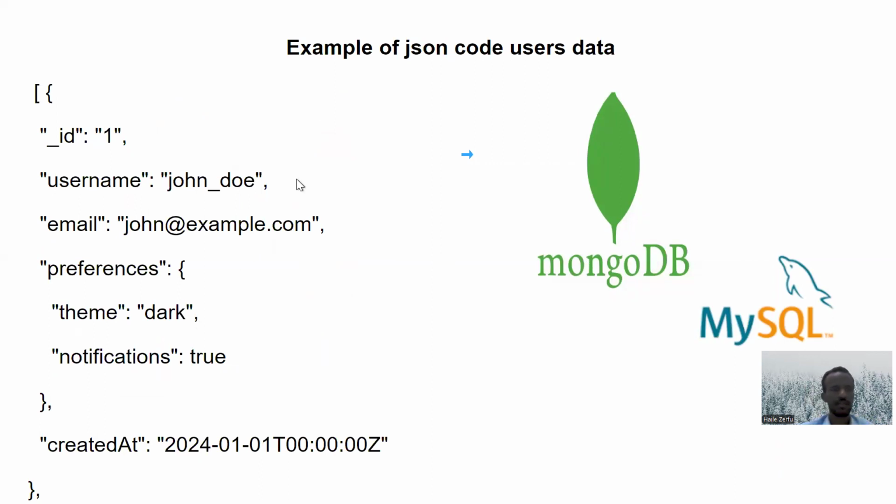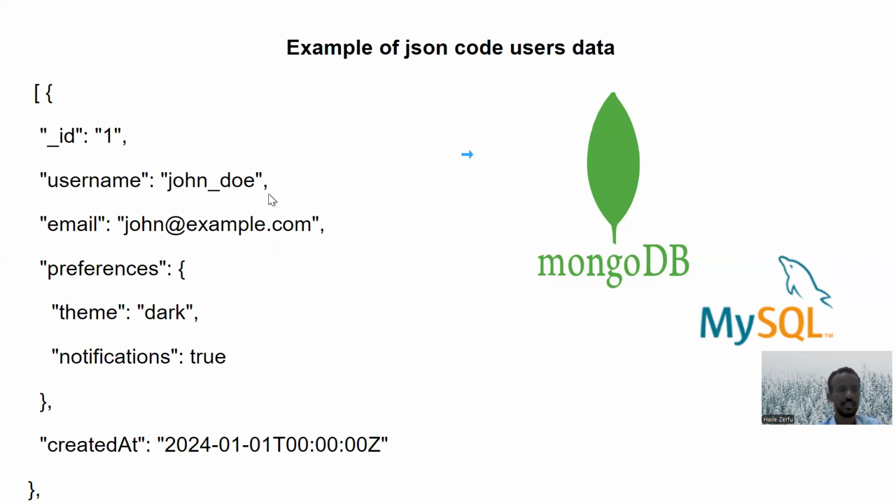Both take the same data, a sample of users data. How do MongoDB and MySQL put this data in their own form or structure?